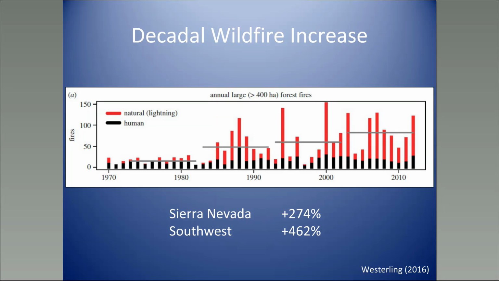And in the Sierra Nevada, the most recent decade in Leroy's analysis shows a 274% increase in area burned over the 1970s decade, which he used as a baseline. And in the Southwest, about a 462% increase in area burned.